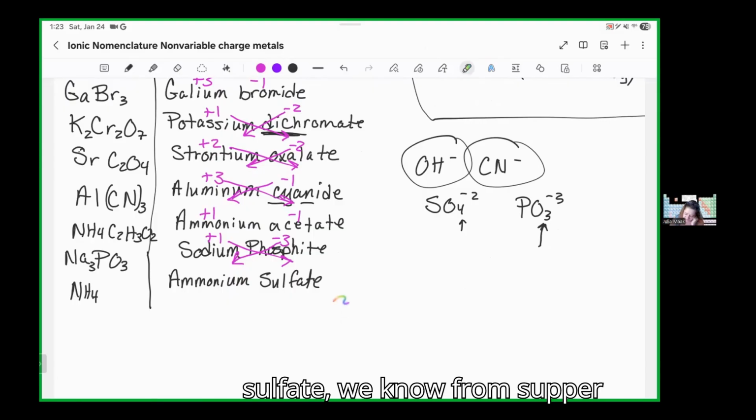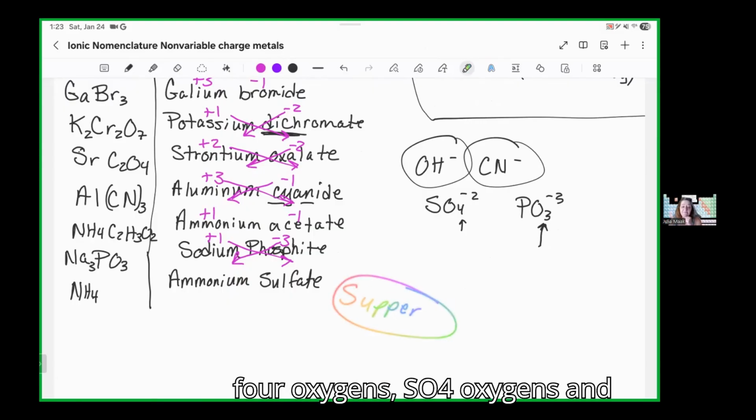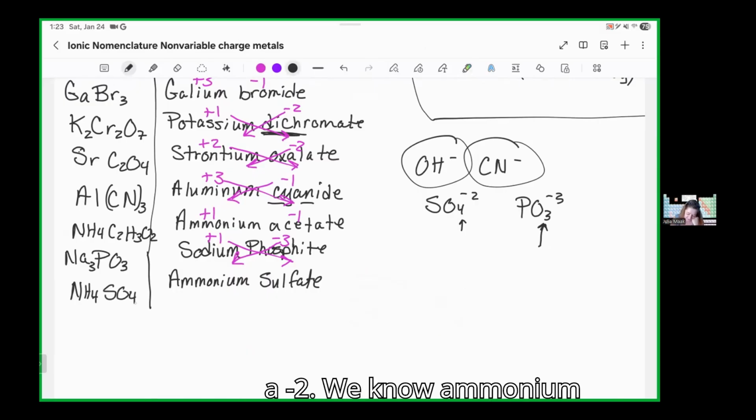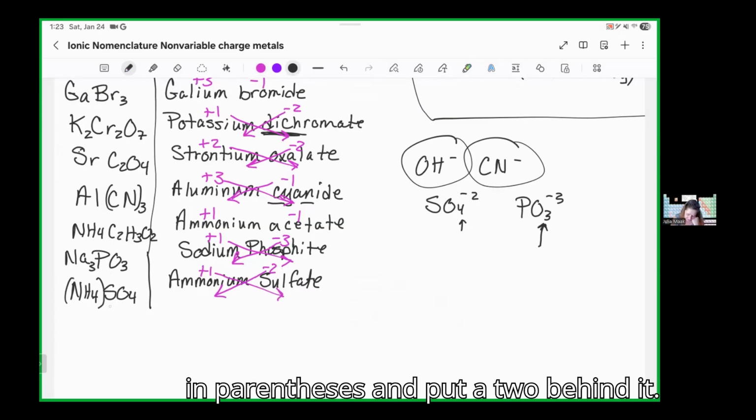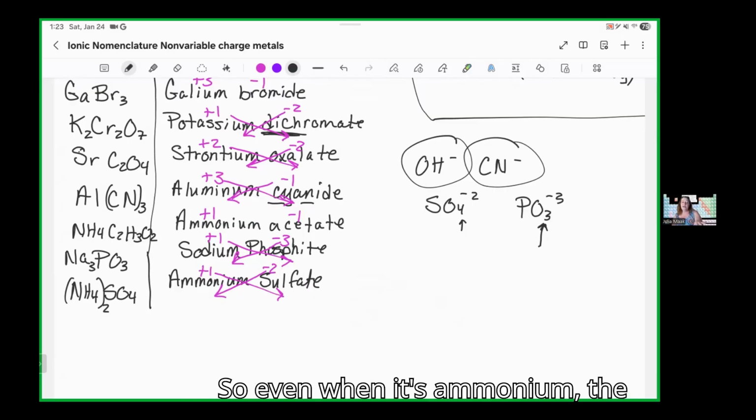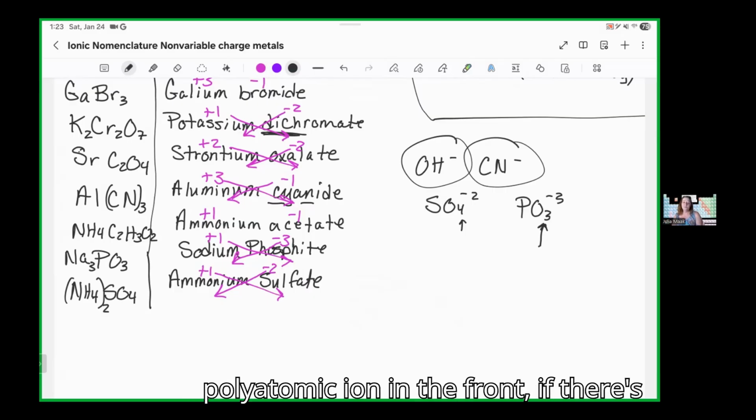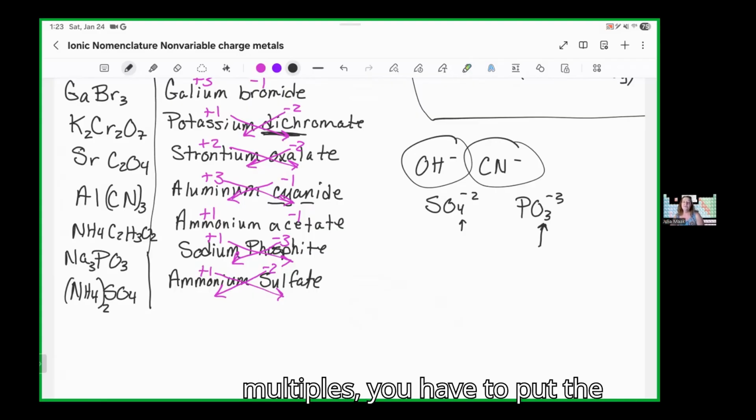Sulfate has 4 oxygens and a -2. We know ammonium's +1, so we get 2 ammoniums and 1 sulfate. So I have to put that in parentheses and put a 2 behind it. Even when it's ammonium, the polyatomic ion in the front, if there are multiples, you have to put the parentheses around it.